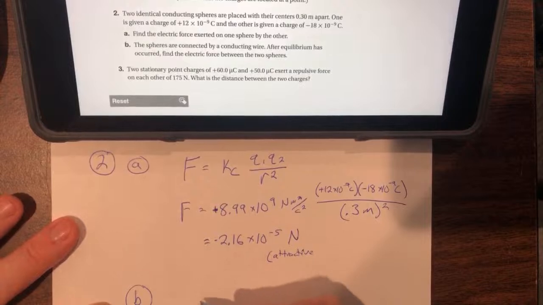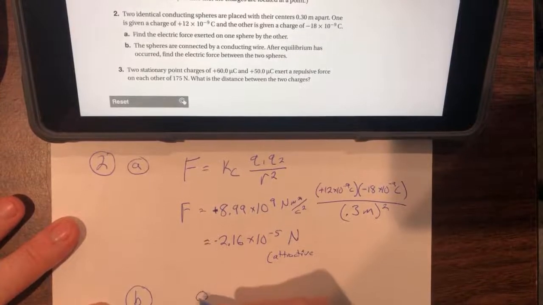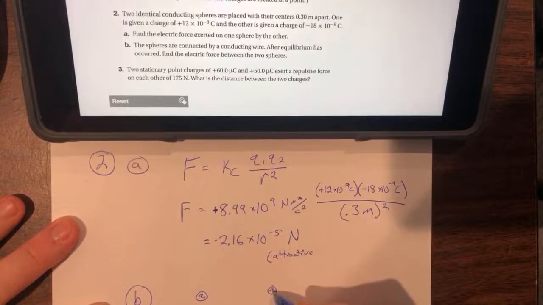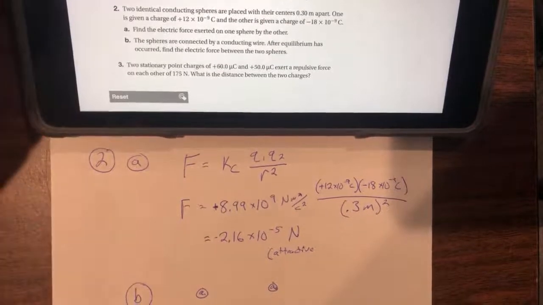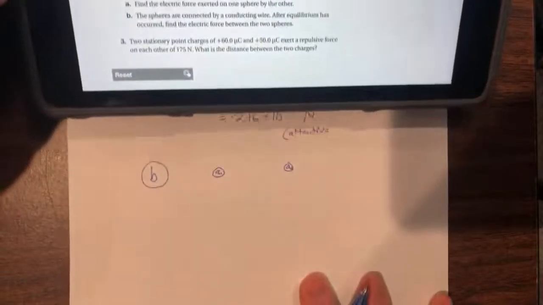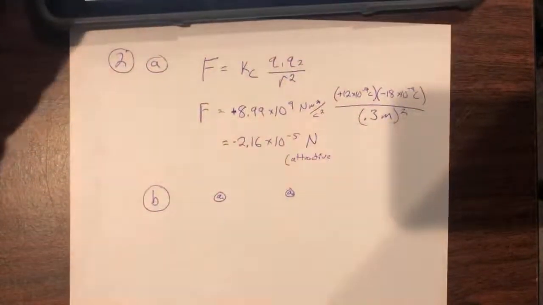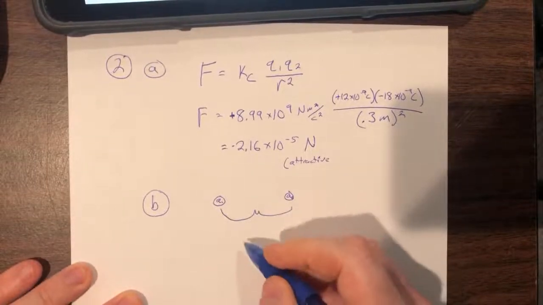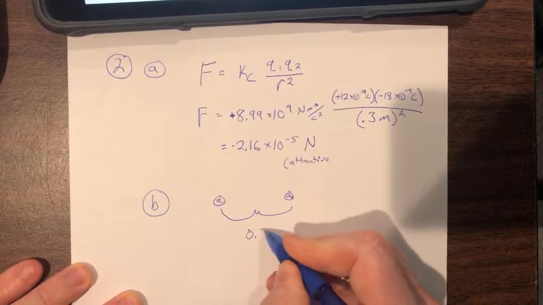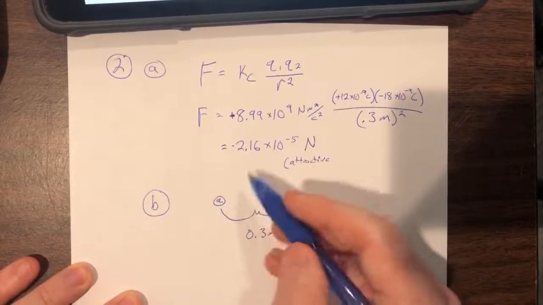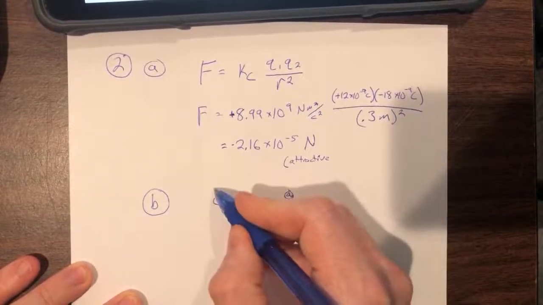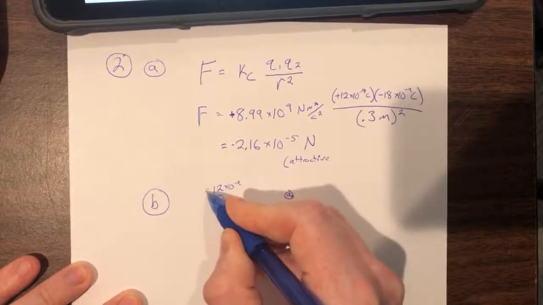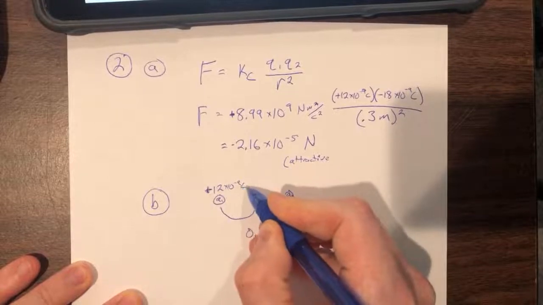And so let's just have a little diagram of this. You have over here, this is Q1, and over here you have Q2. Let's just do it like this. Okay, so you have Q1 and Q2. They're still separated by a distance of, we said 0.3 meters. And if initially this one is 12 times 10 to the minus ninth, it's a positive.